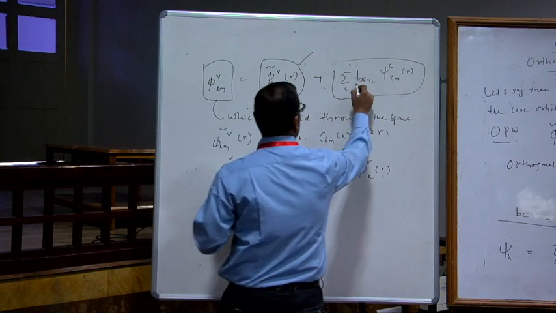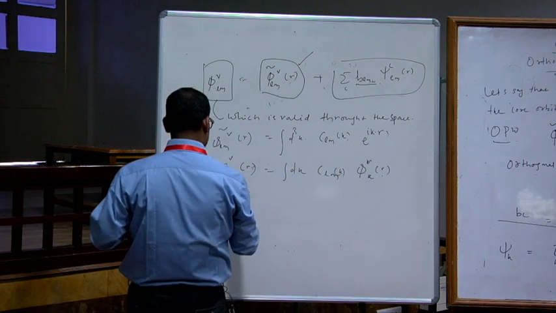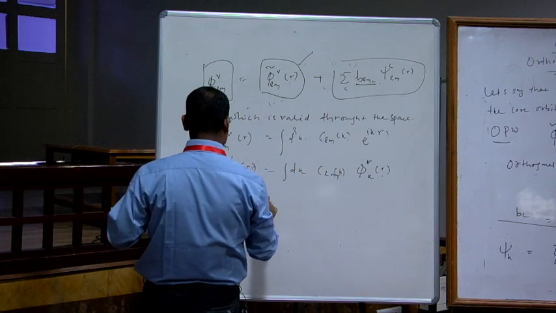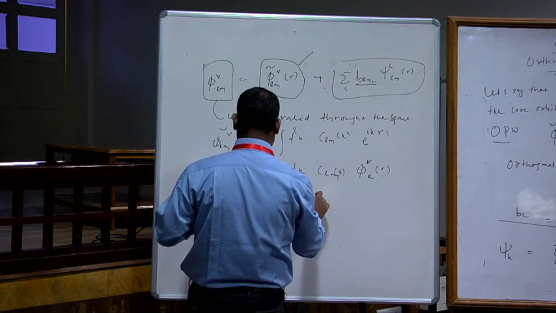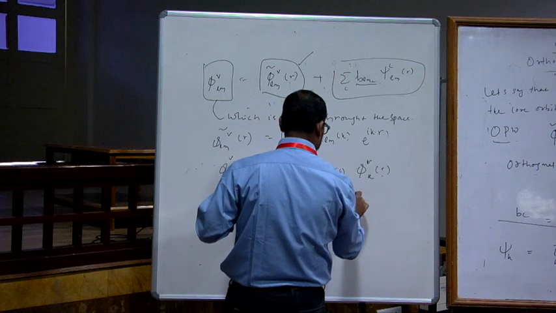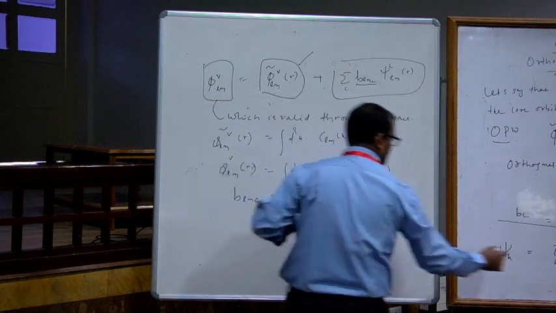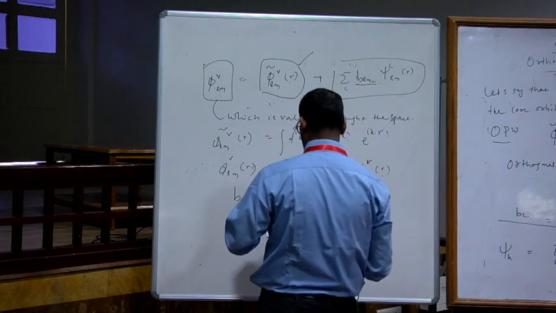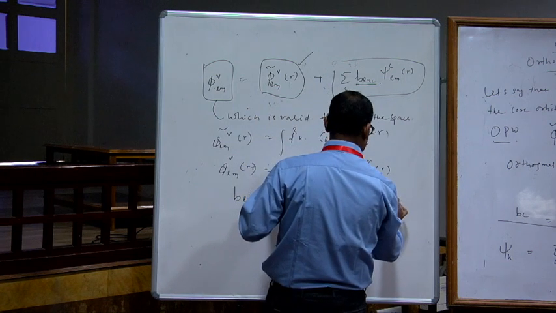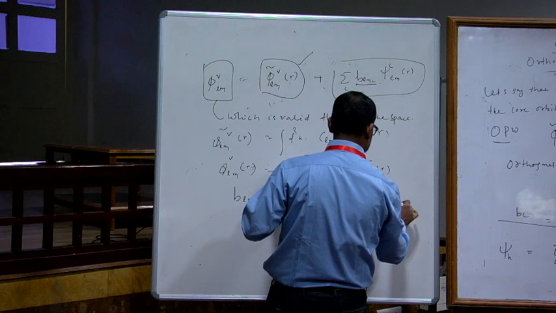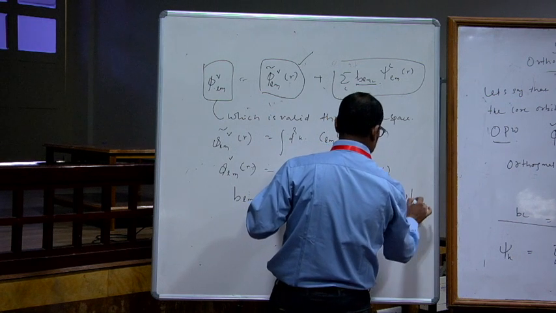And the coefficients b L and c can be realized as d k p c L M. So these are the expansion coefficients like this. Psi k c L M, okay.